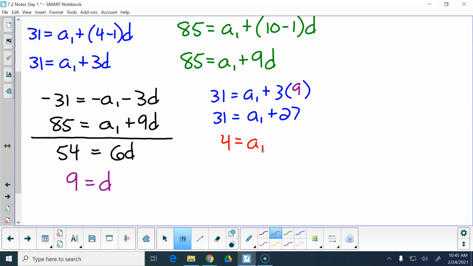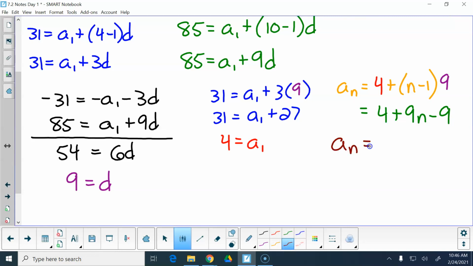If 4 is the first term and 9 is the common difference, then my rule would be 4 plus n minus 1 times 9, which would be 4 plus 9n minus 9, so my rule would be 9n minus 5.